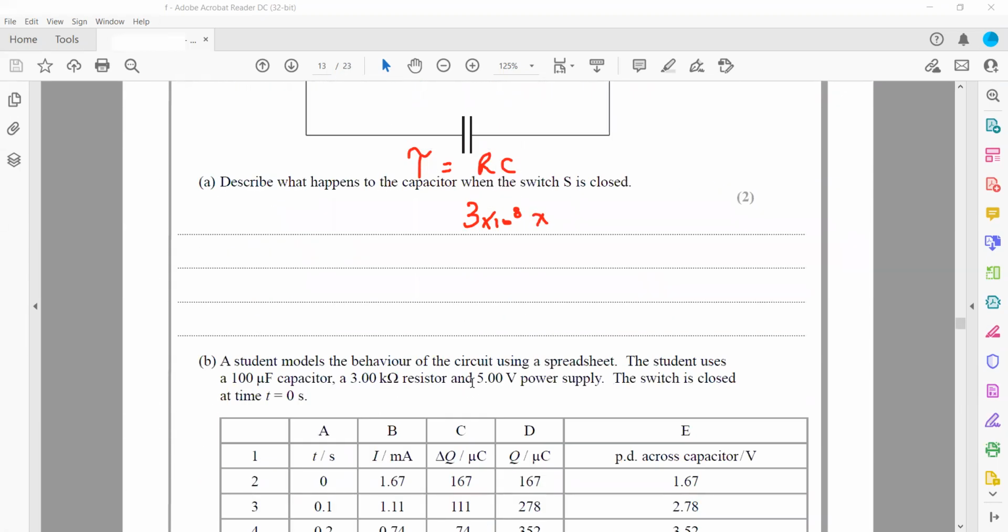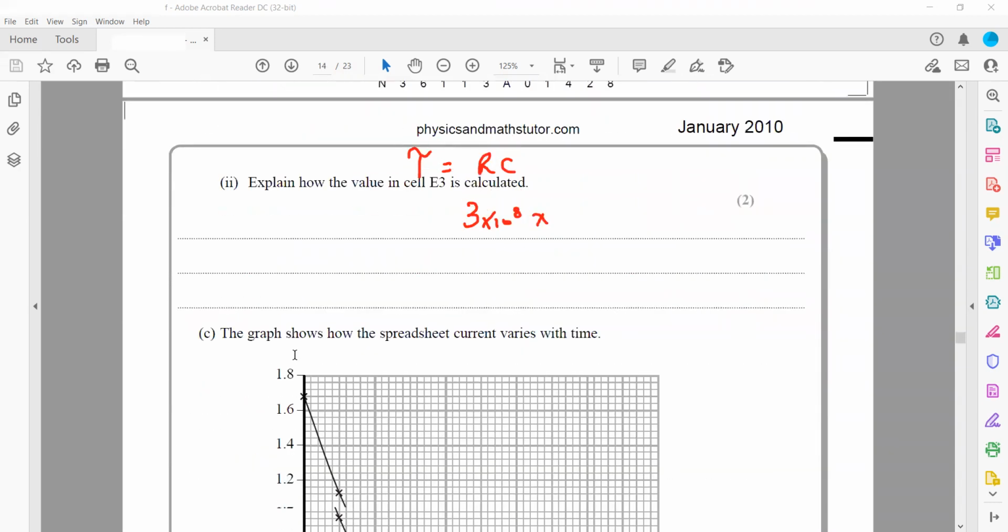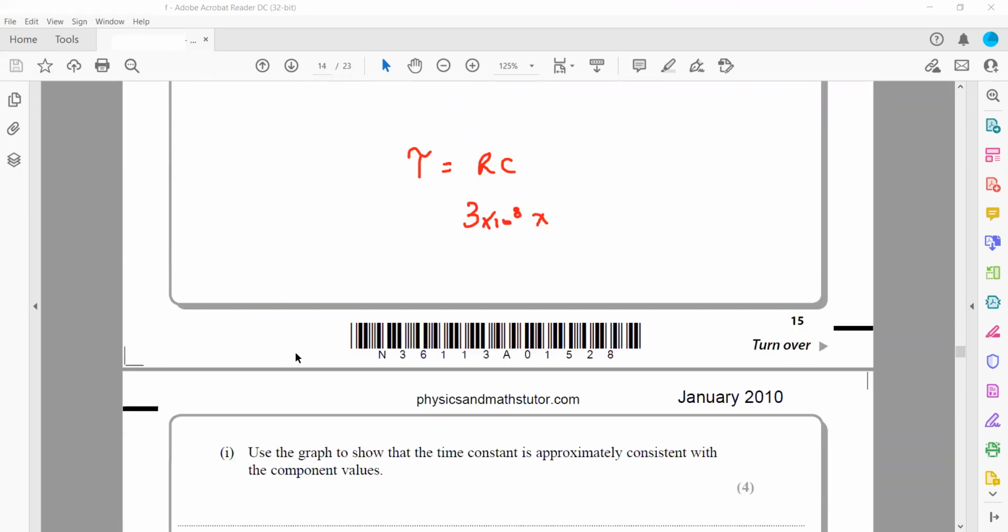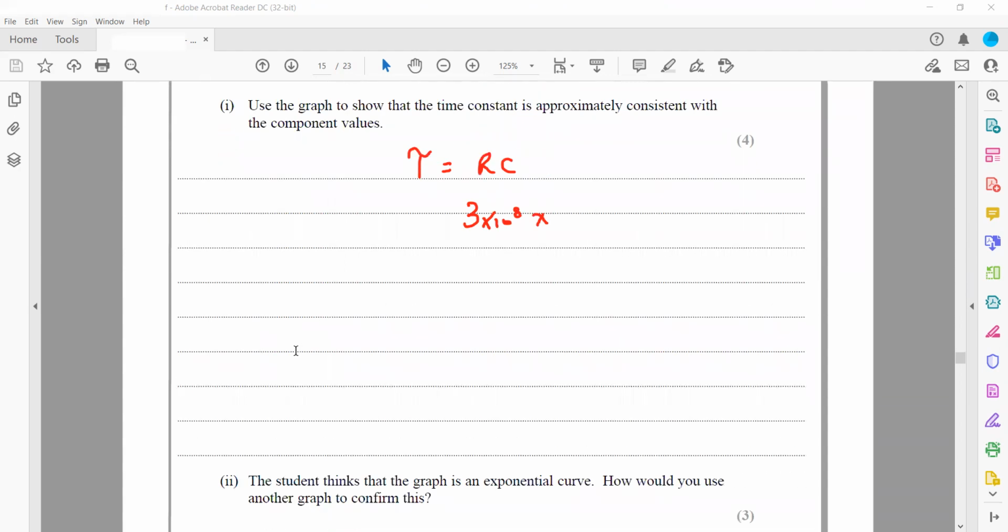The capacitance is how much? 100 microfarad, so it will be 100 into 10 to the power minus 6. This will give us the time constant. When we multiply this, the value of the time constant is 0.3 seconds. Now we have to check it against the graph, because it should be consistent with the graph.